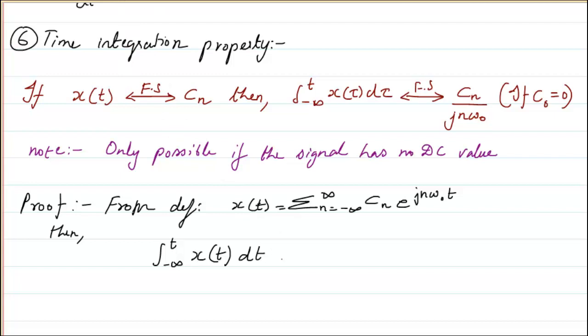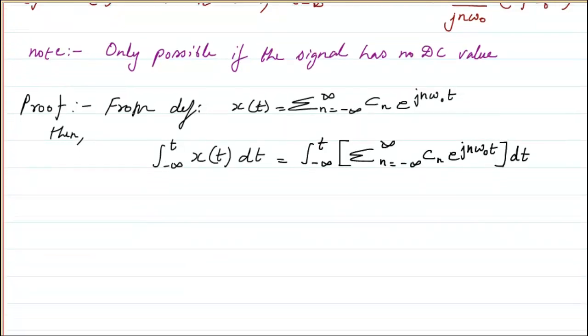So if that is possible, then finding the integral of that is as good as finding the integration from minus infinity to t of the summation, which I write in brackets, summation n equals minus infinity to infinity Cn e raised to power jn omega naught t, bracket closed, dt.